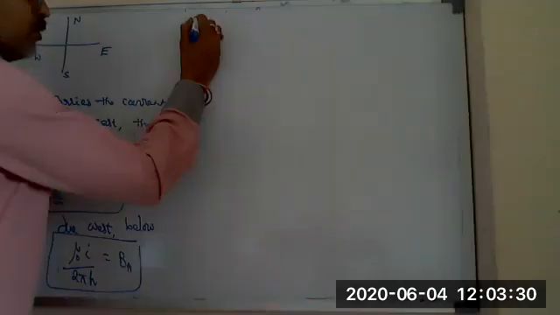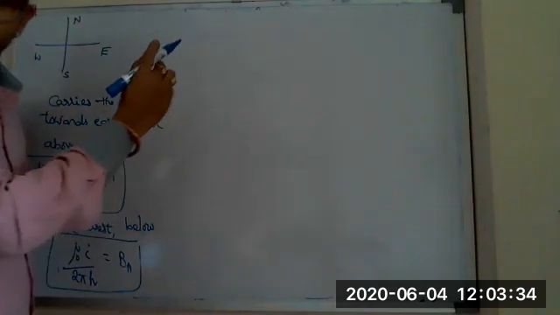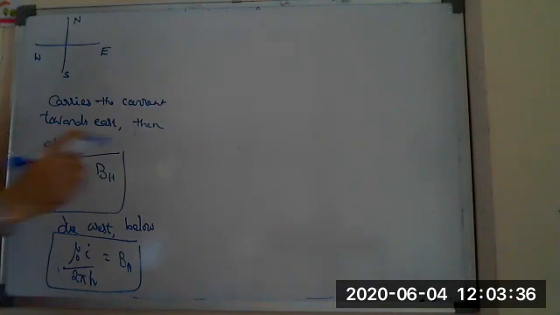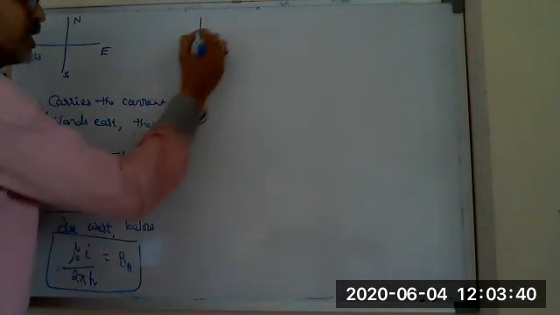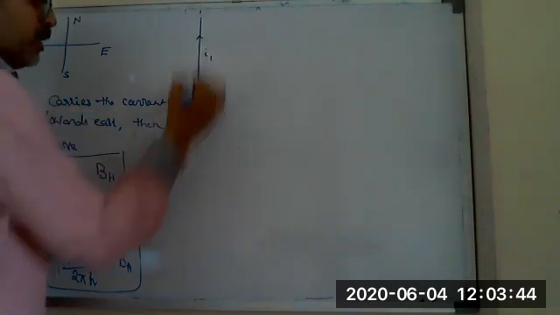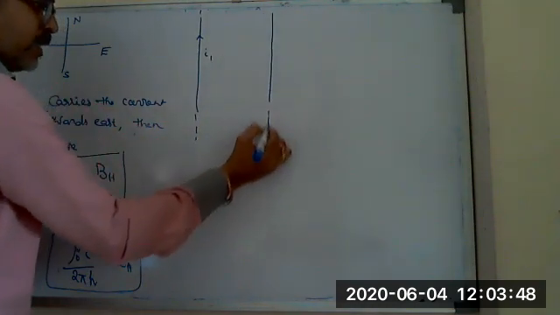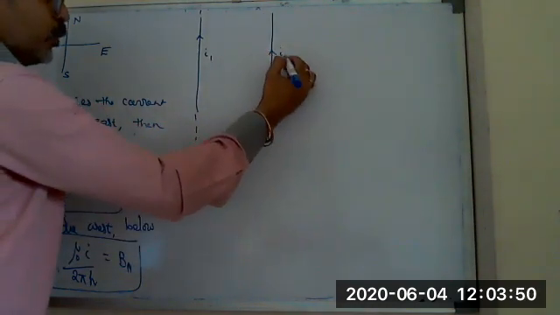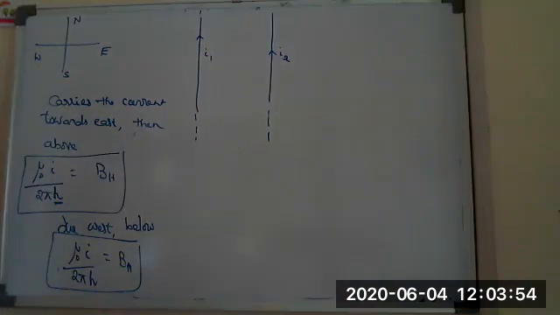Here, you can take, suppose this is one infinite straight conductor carrying the current I1, and this is one more infinite straight conductor carrying the current I2, carrying the currents in the same direction, and they are placed parallel to each other.